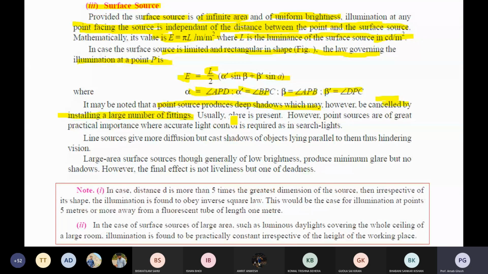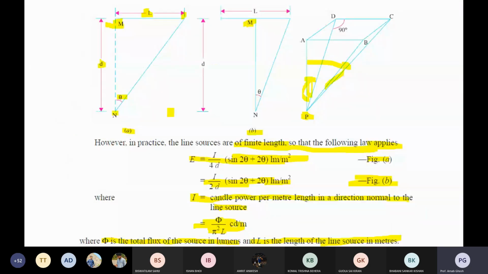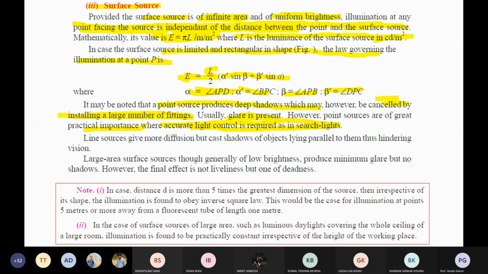Line source gives more diffusion, but the cast shadow of objects lying parallel to it may hinder vision. So in the case of a line source, shadows will be overlapped in that way.